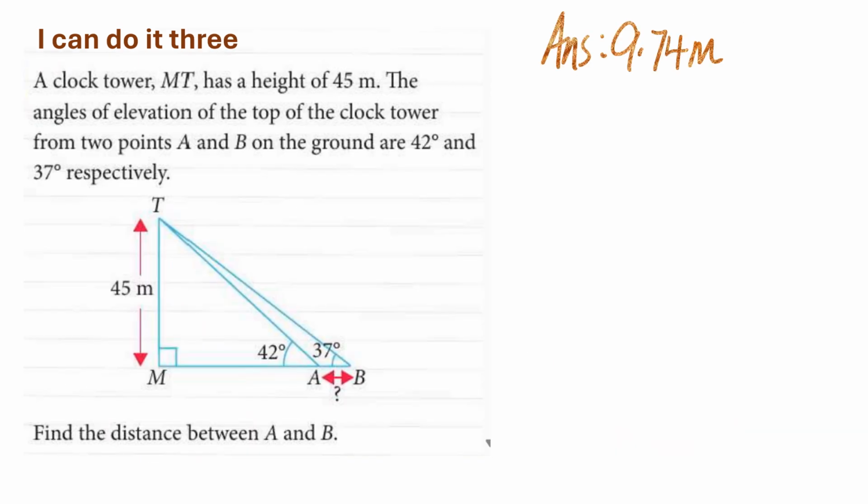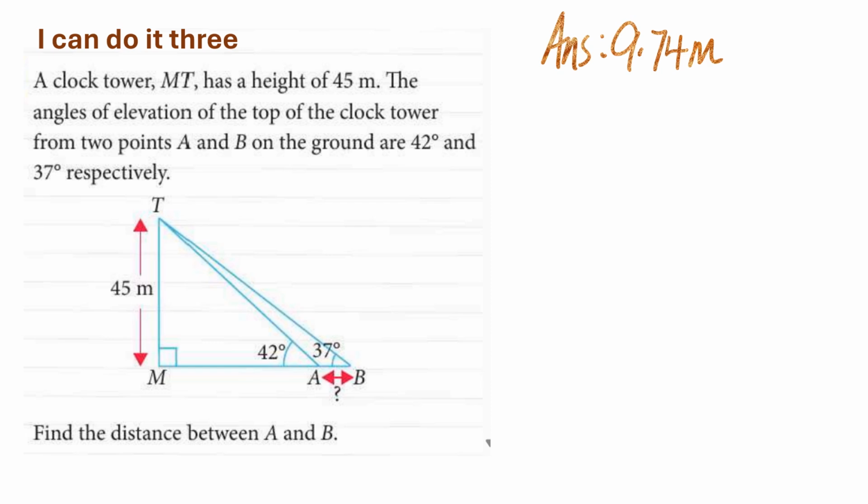Right, so let's look at the last question. This one is slightly more challenging than the earlier ones because this one involves having to find three distances, MA, MB, and then finally AB. Given the angles of elevation to the top of the clock tower from 2 points, you'll see that the point that's nearer to the tower has a bigger angle because you have to look up more.